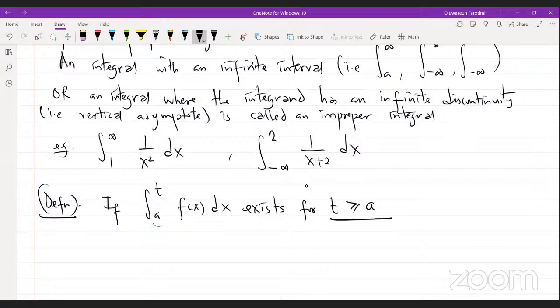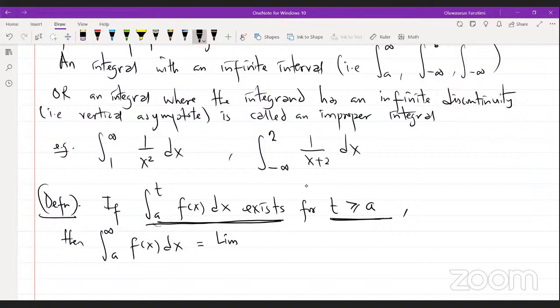Now, if this exists and this condition holds, then the integral from a to infinity of f of x dx equals the limit as t goes large of the integral from a to t of f of x dx.